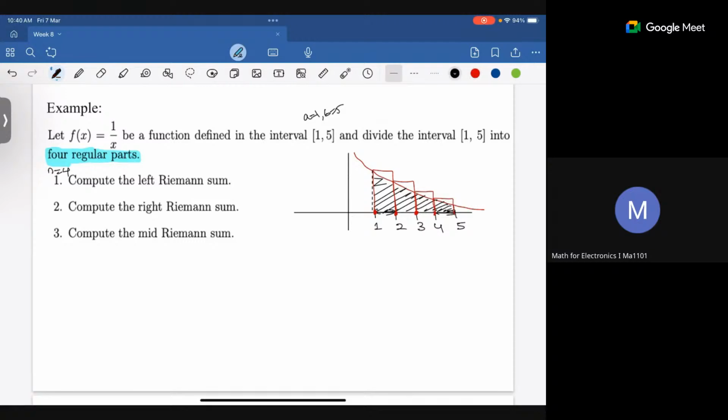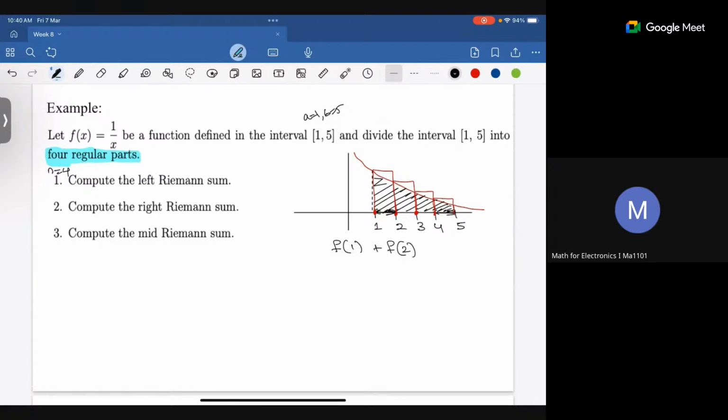I'm not going to compute the whole thing, but the first rectangle area is simply f of 1 times 2 minus 1, which is 1, right? So the length of each rectangle is 1. I'm not writing it. So f of 1 will be the area of the first rectangle.